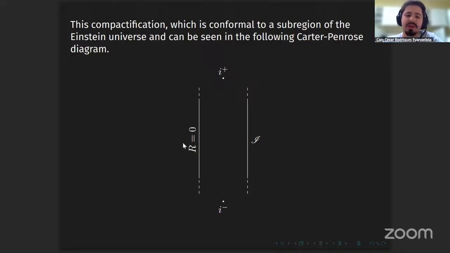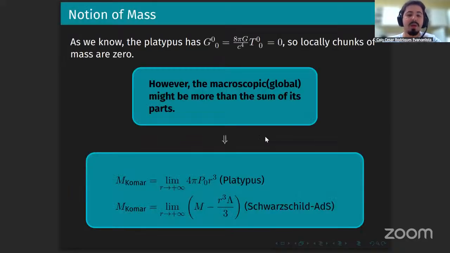It's worth mentioning that any null ray in this space-time that goes from the origin to scri takes an infinite amount of time to get there, which is okay since our solution is not asymptotically flat, and it's not asymptotically Minkowski. And what we can talk about now are notions of mass, because this space-time has this weird property where its local chunks of mass are zero, and it's also horizonless.